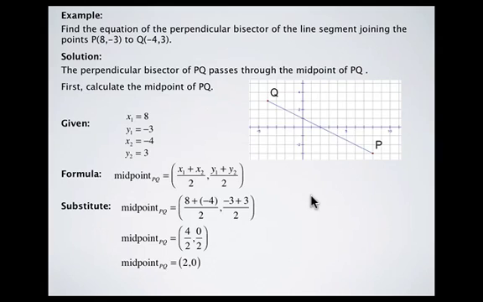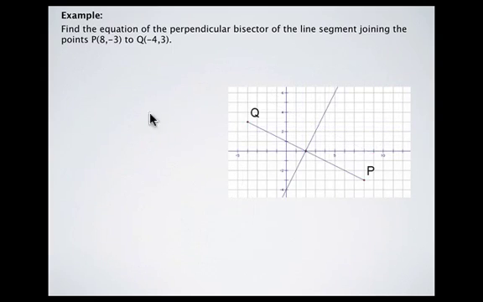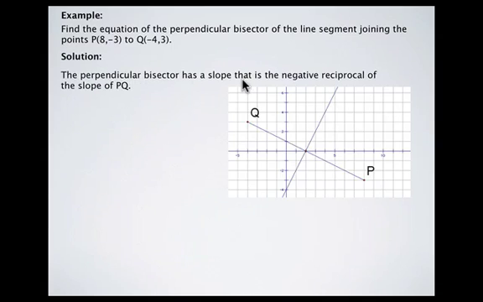So now that we have the midpoint of PQ, we also need to find the slope of our perpendicular bisector. Since it is perpendicular to PQ, its slope is going to be the negative reciprocal of the slope of PQ.